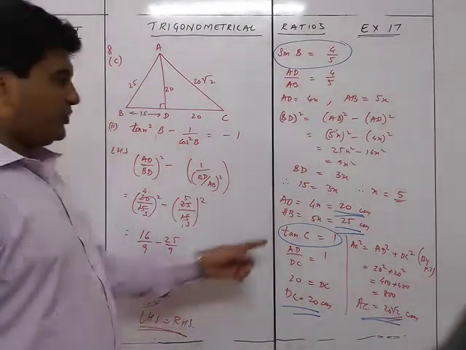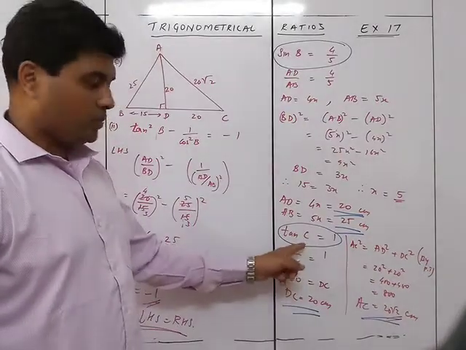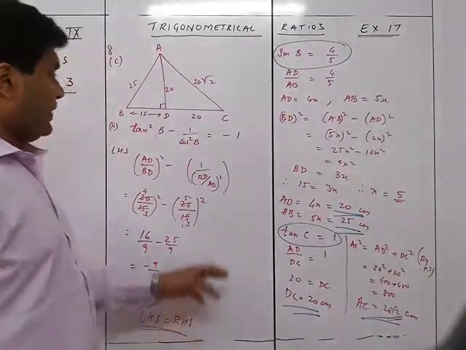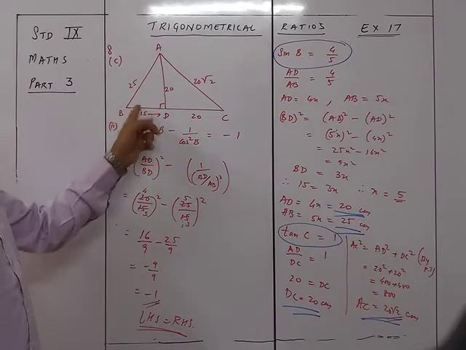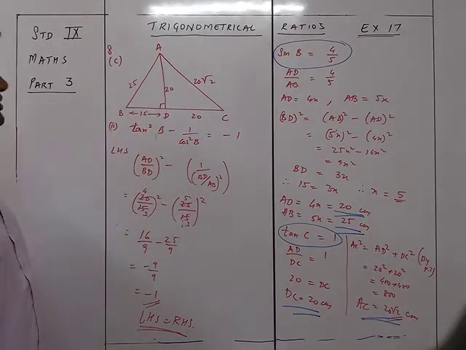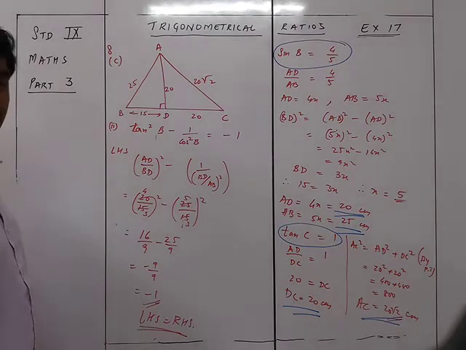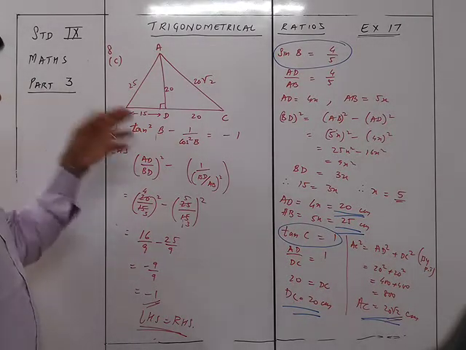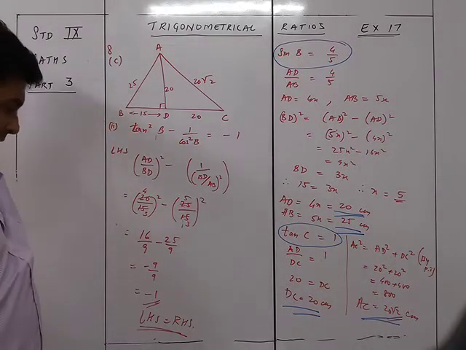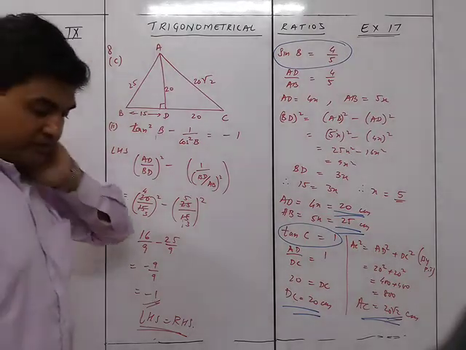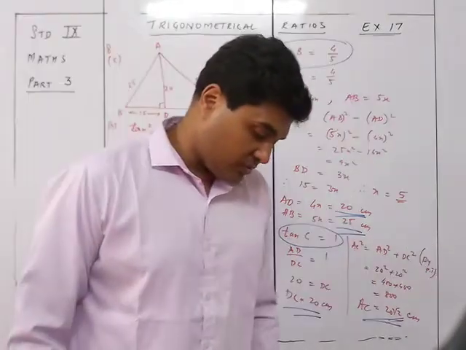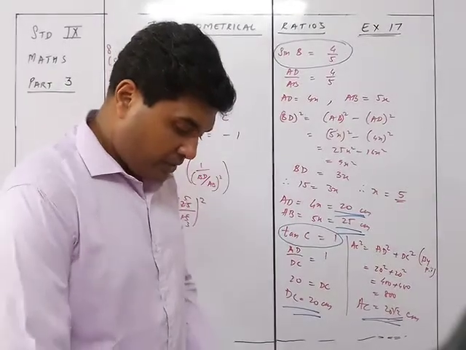So that you found out first using these two ratios, and then you take the next part over here. We already know all the different sides of the triangle, so accordingly you are just placing the values over there as per the value of tan B and cos B, and you are getting the answer as -1, which is the RHS. So that proves the sum.